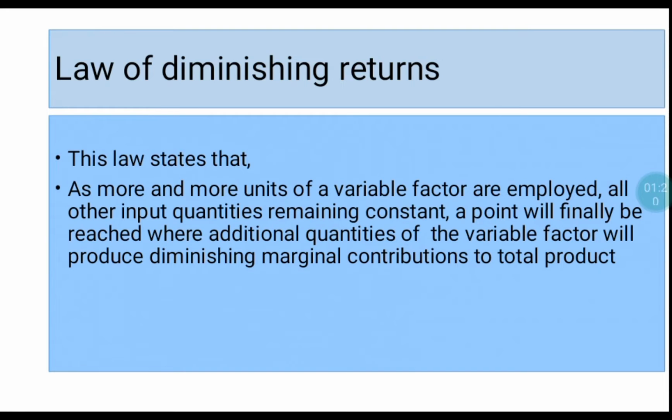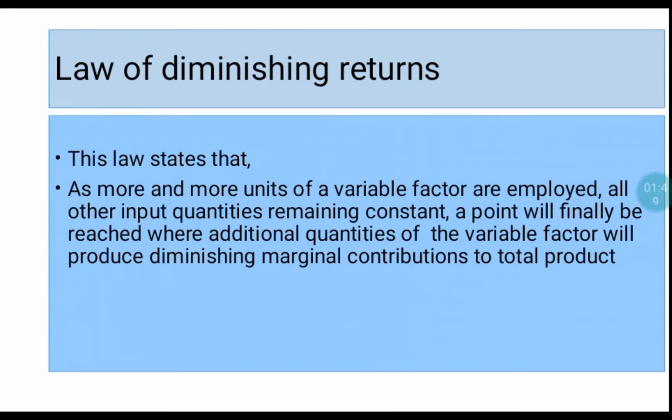Let me just elaborate a bit on this law. We need to understand that we're talking about the short run, and when we talk about the short run, we're talking about a period of time in which you have fixed factors of production and variable factors of production. So for this law, we assume that you can only change or alter one factor of production to increase output. So this is where the law of diminishing returns applies.